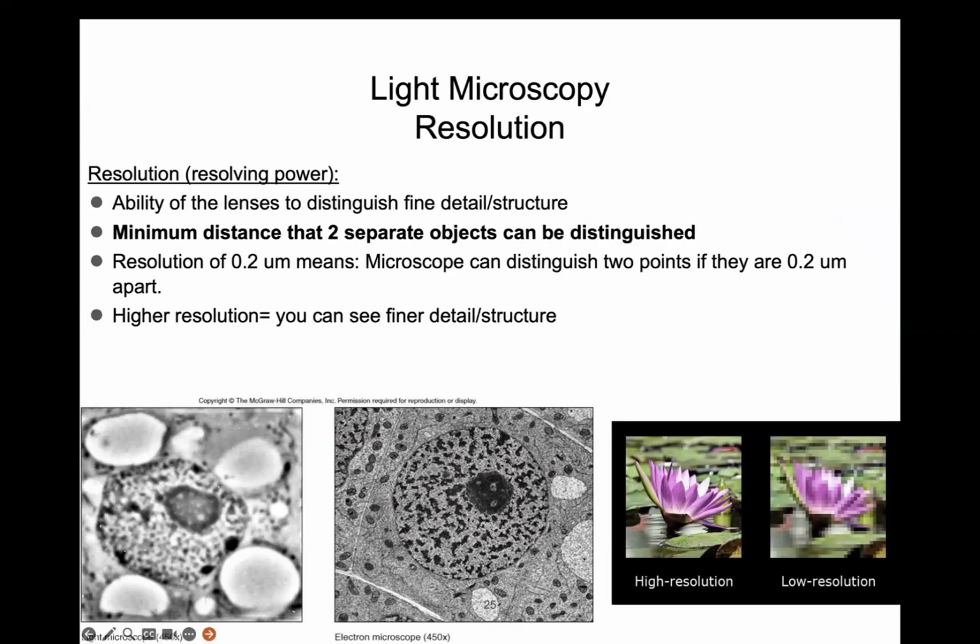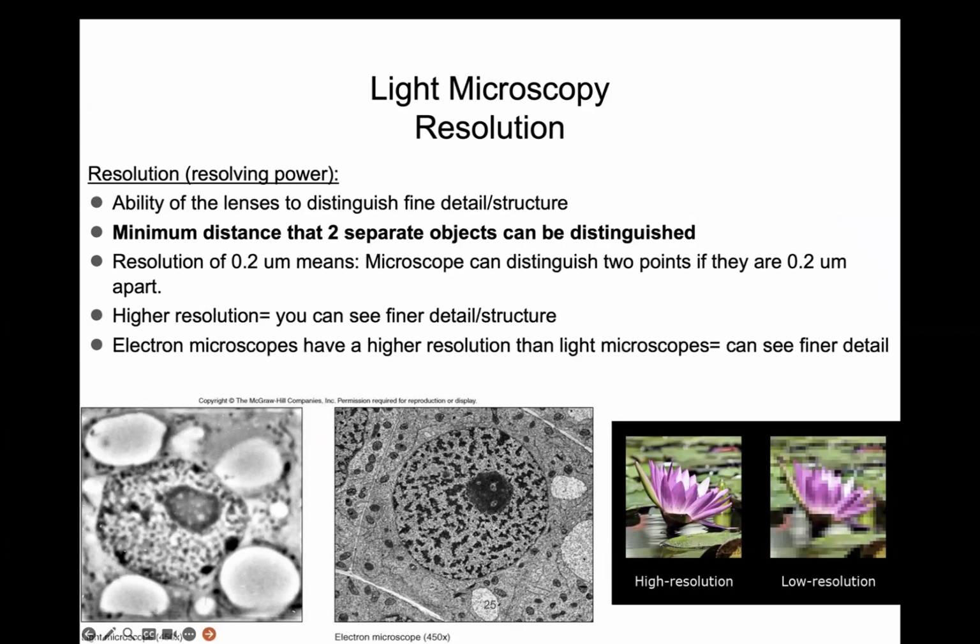So let me talk about resolution before I talk about oil immersion. All I really want you guys to get from this slide about resolution is higher resolution means better image. That's all I want you to get. I don't really mind that you know the exact scientific definition of resolution, but when we say something has a better resolution, like this iPhone has a better resolution than the generation before, it means you get a clearer, sharper image.